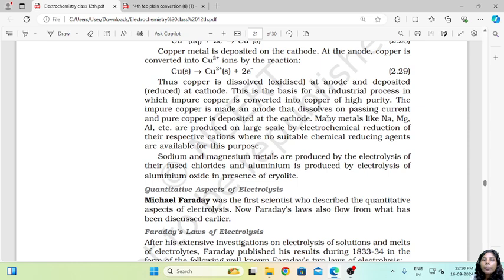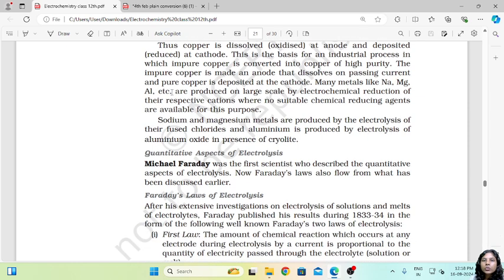Many metals like sodium, magnesium, aluminum, etc., are also produced on a large scale by the electrochemical reduction of their respective cations, where no suitable chemical reducing agents are available.